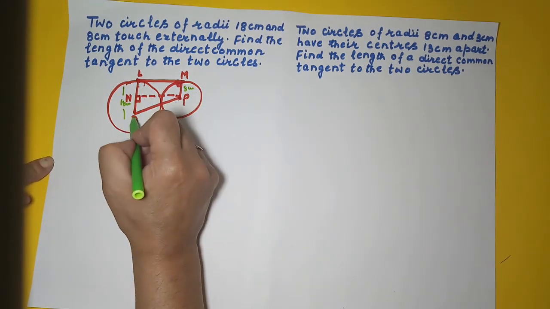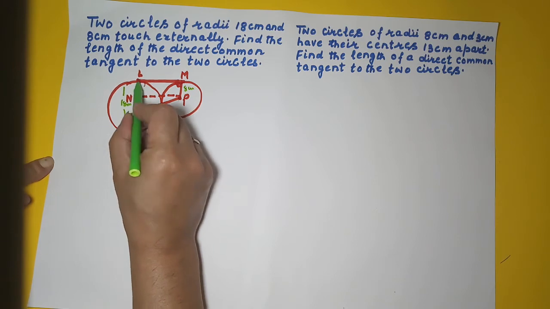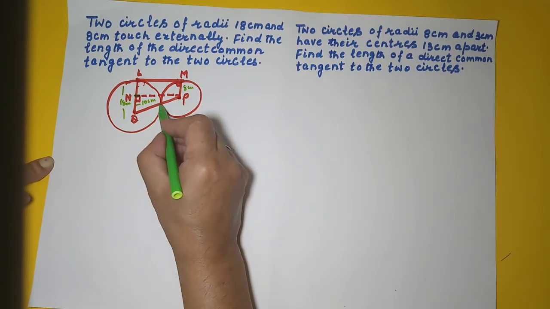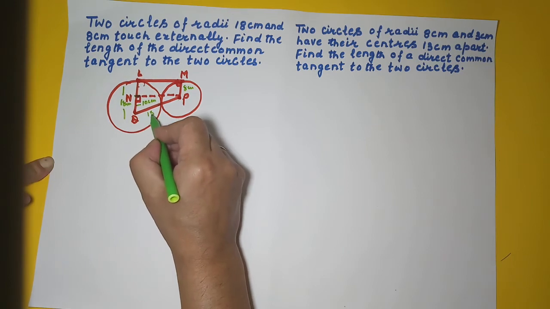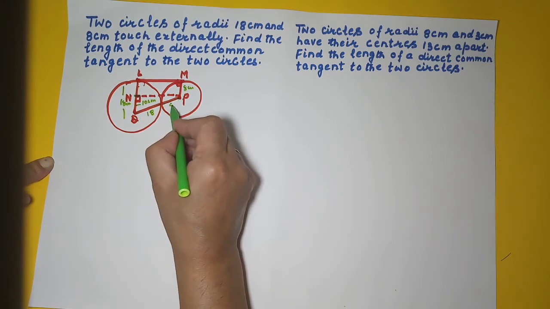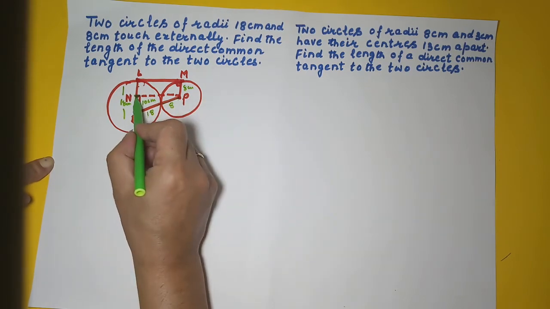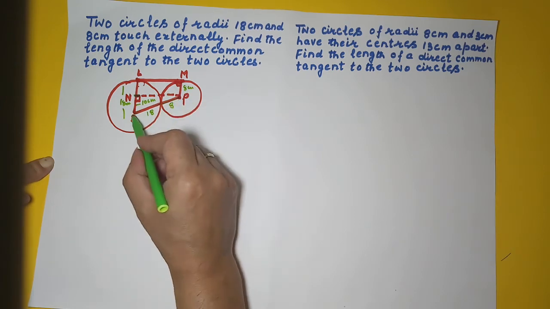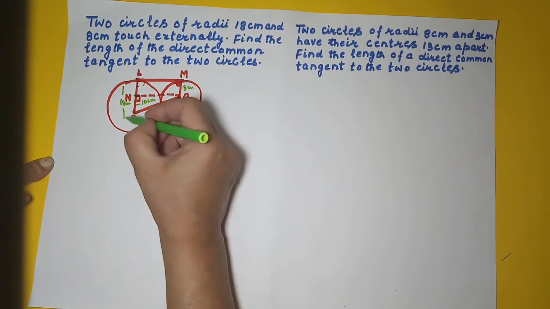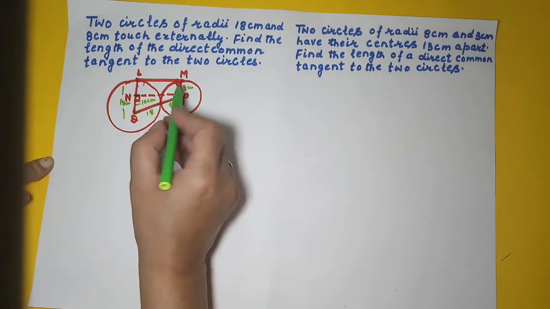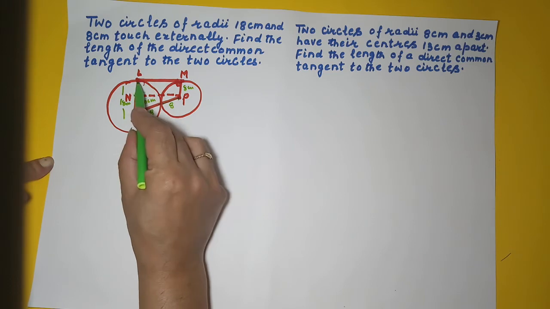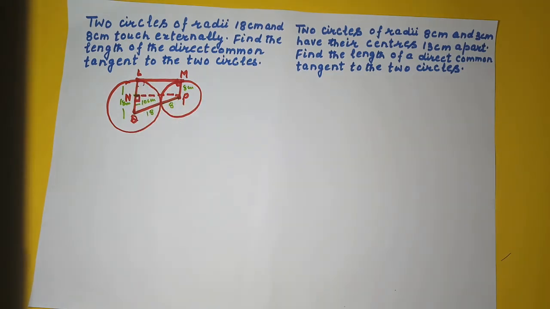That means from 18, if I am cutting off this distance 8 centimeter, I will get this distance as 10 centimeter, right? And this I already know is the radius, which is 18. And this is the radius, which is 8. Right? If I consider this right angle triangle, in this hypotenuse is given, this base is also given, so I can calculate PN. So whatever is my PN will be my LM. That's how I have to proceed in this question.